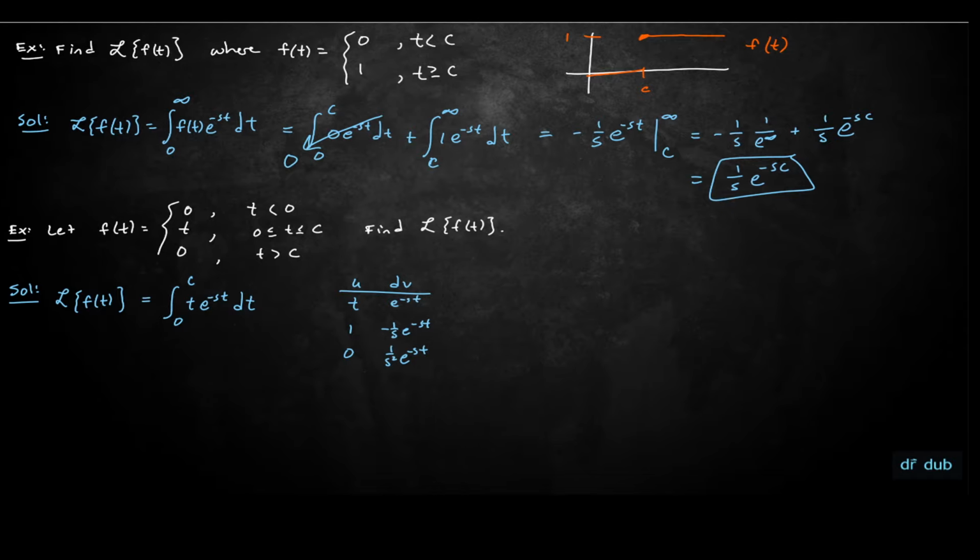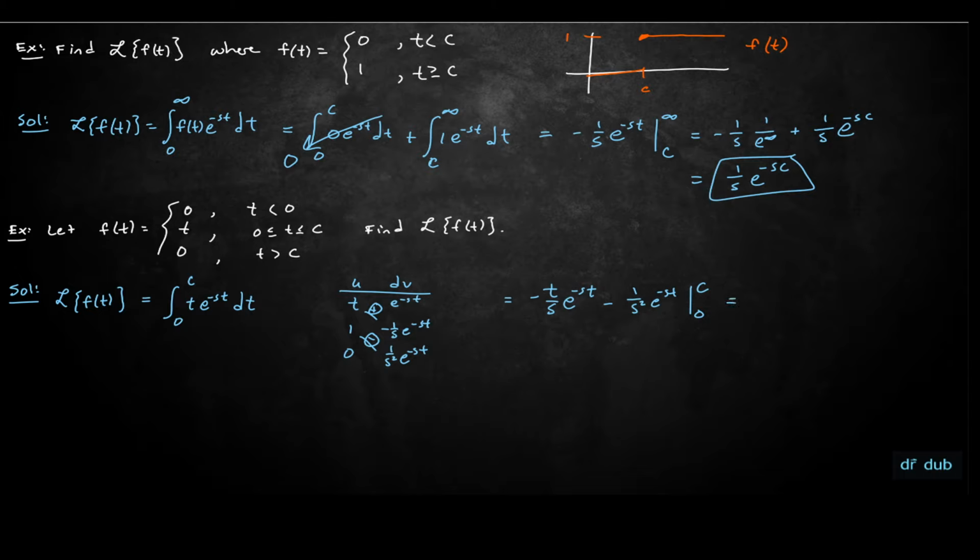So our integral becomes, let's see, diagonals. This is going to become negative t over s, e to the negative st, minus 1 over s squared, e to the negative st, from 0 to c. Now we have to keep all the terms because we don't have infinity, we just have constants, 0 and c.